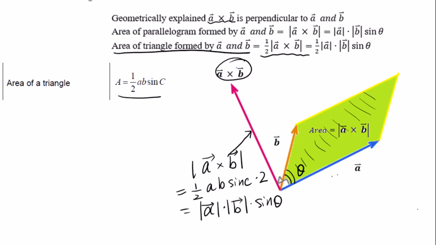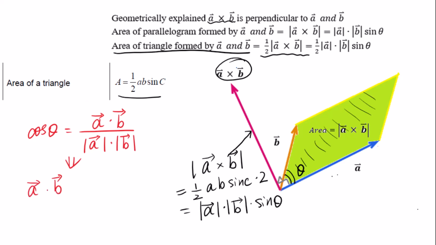We already learned the dot product of two vectors. Cosine theta equals A dot B over the length of A times the length of B. From this formula, we get vector A dot vector B equals the length of A times the length of B times cosine theta.